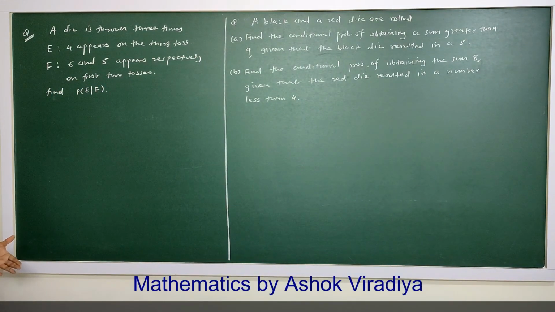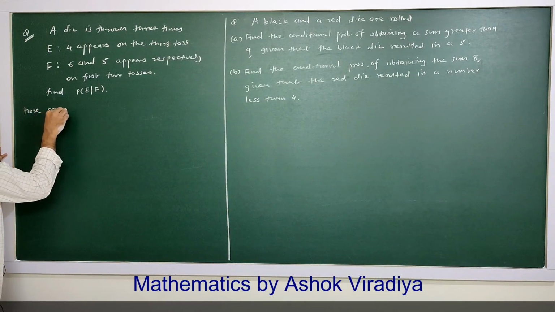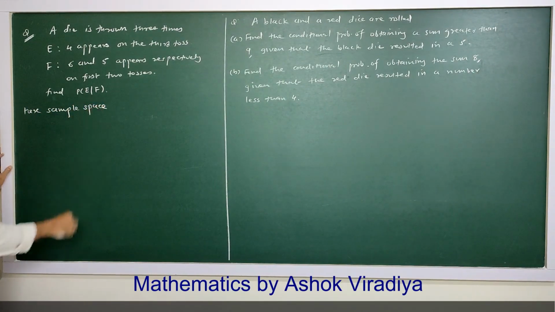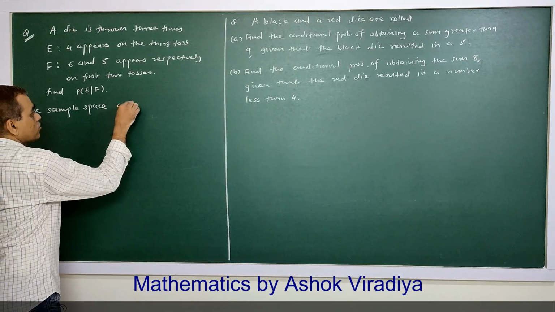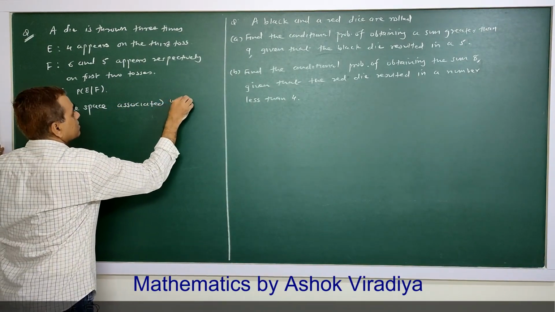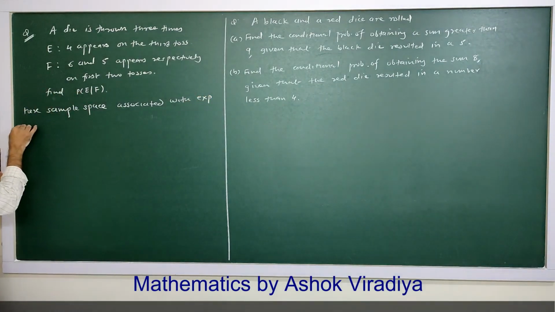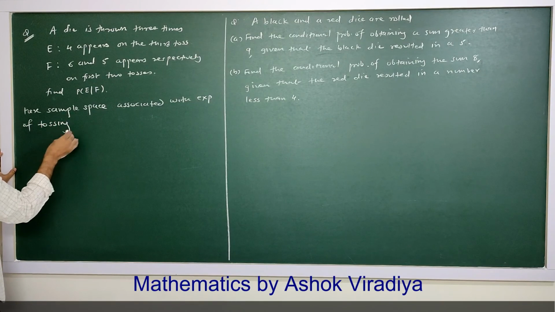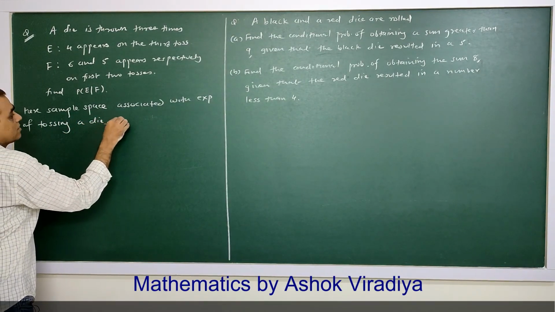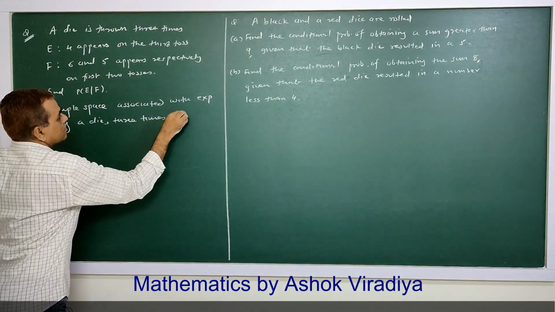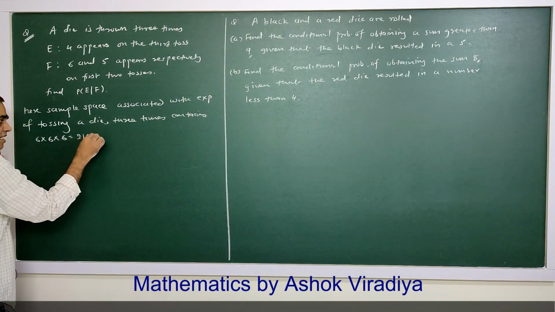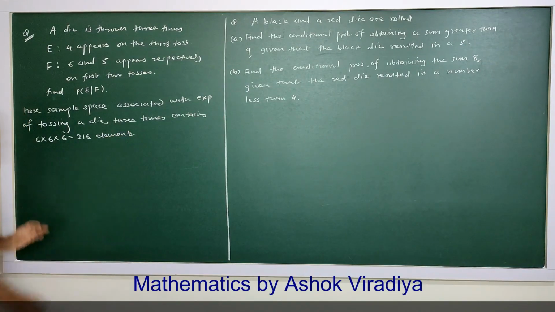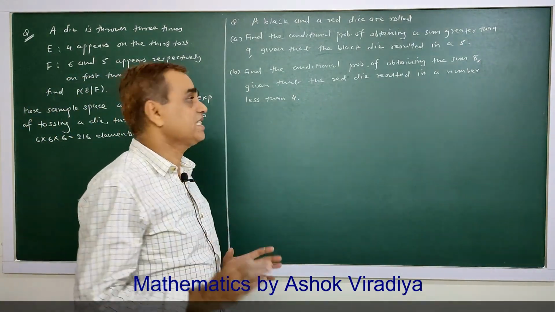Find the probability of E by F. The sample space associated with the experiment of tossing a die 3 times contains 6 into 6 into 6, that is 216 elements.